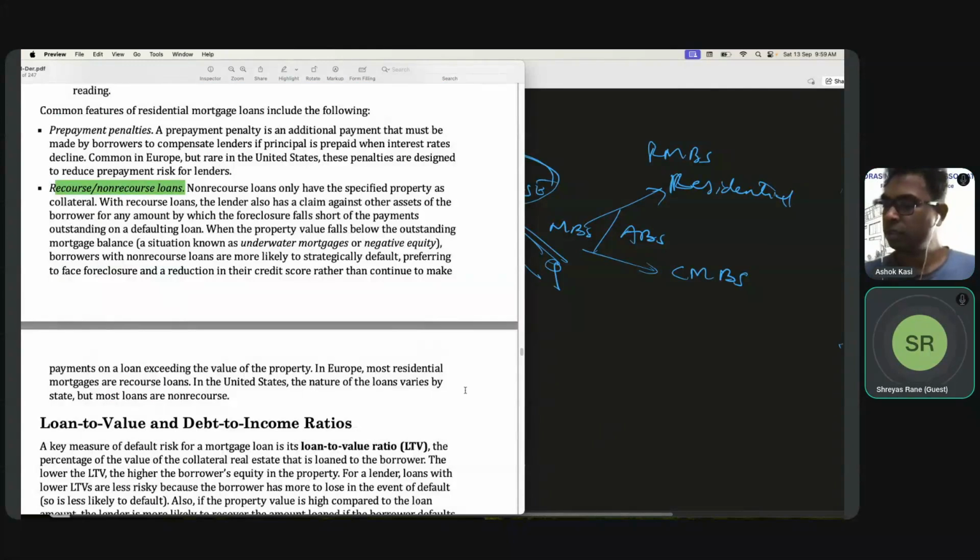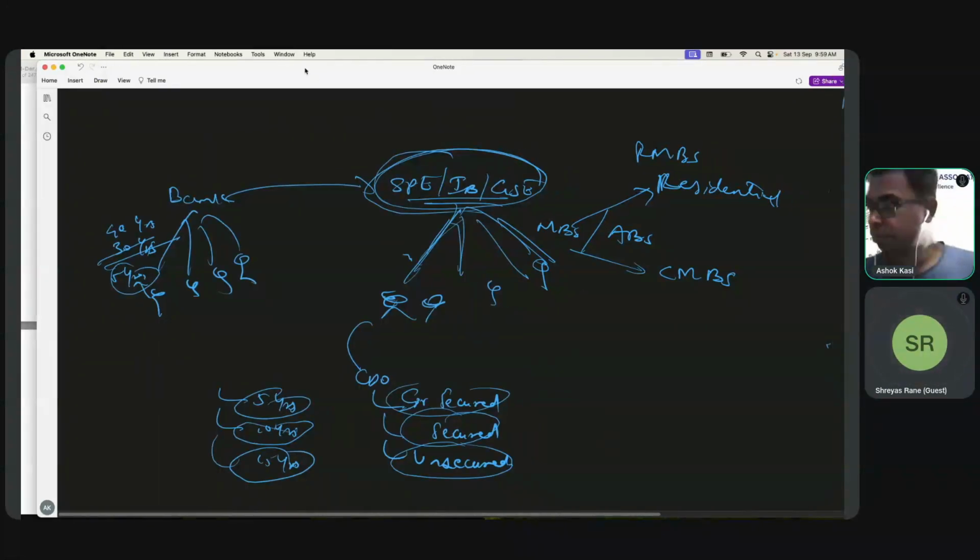Then these are the common features. Recourse and non-recourse loans. Now, what do you mean by recourse and non-recourse? Rest all are common points only. Non-recourse loans means, say for example, you are taking a home loan.